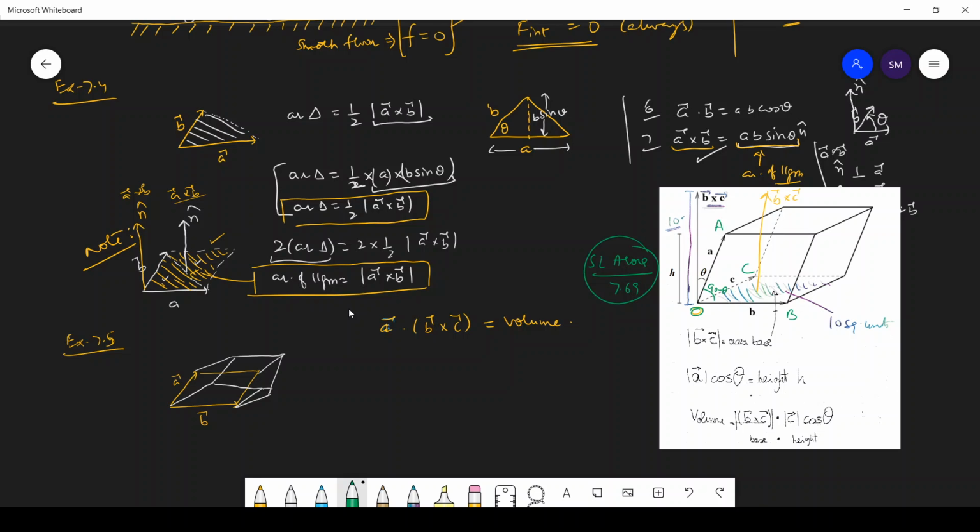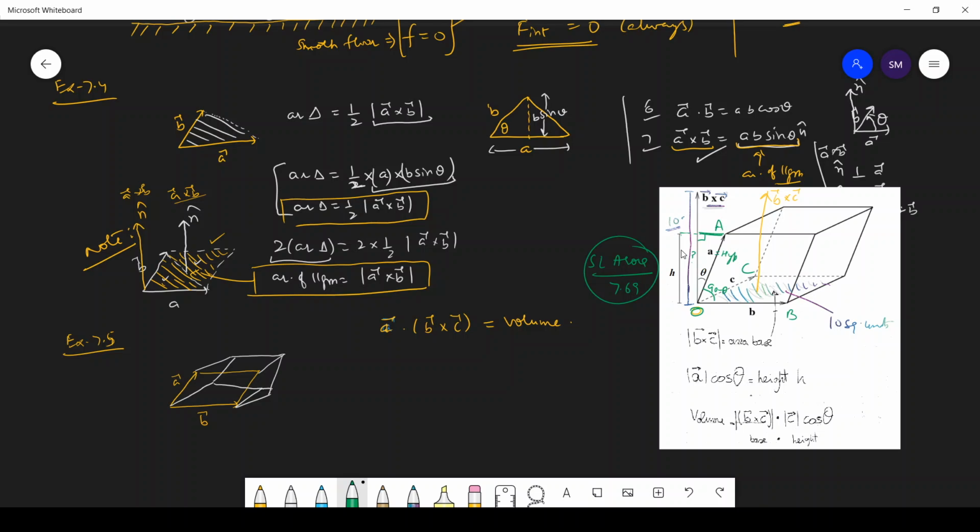Okay. So what will be the height of this parallelepiped? This height is h, you can see, and this height is h. So how much is this length? This length is A, and this is 90 degree. So this is the hypotenuse, this length A, and you are interested in the adjacent side, right? This is the opposite side, and this is adjacent.